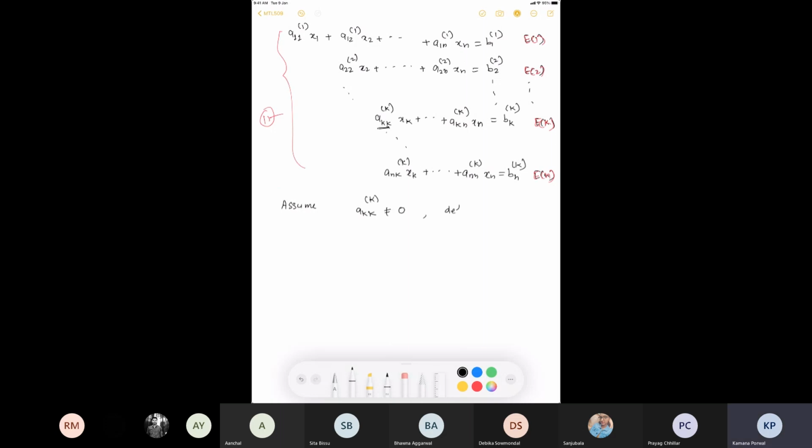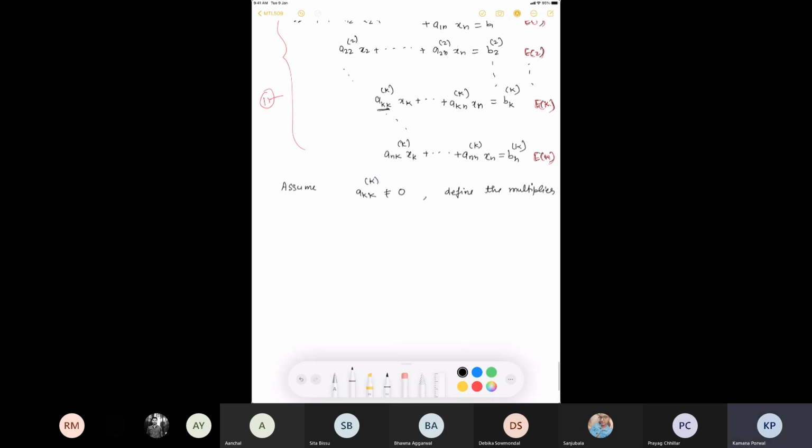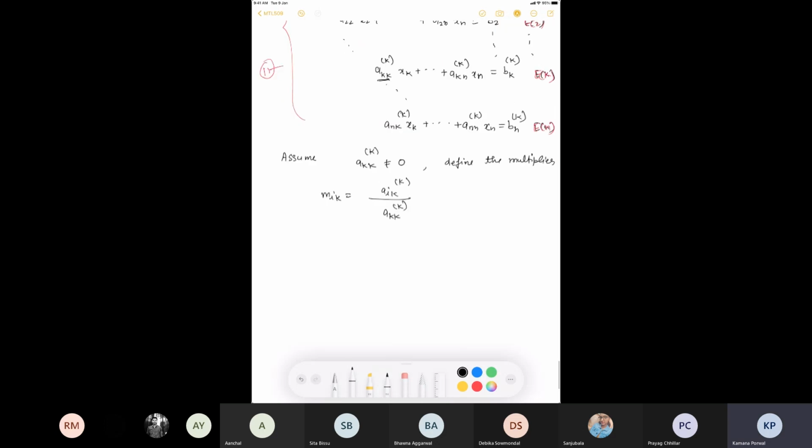And then I'm going to define the multipliers as the ratio of the coefficient of each of the xk's in the rows which are below the row Ek to this akk, right? So I'm going to define mik as aik superscript k divided by akk, everything with the superscript k. And this is going to happen from the row k plus 1 to n.